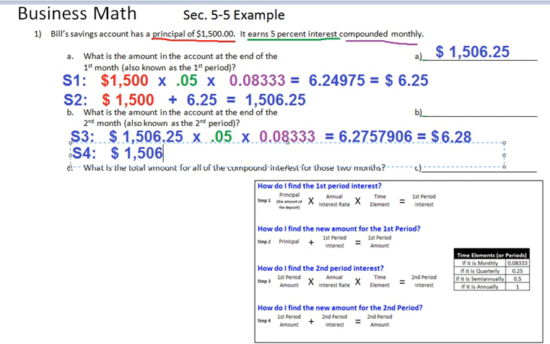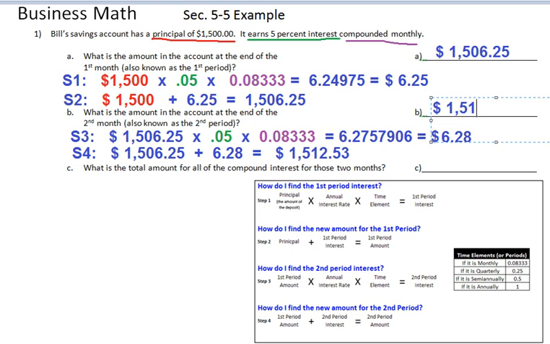So we're going to take that $1506.25 and add it to the $6.28. I'm using my calculator just to confirm and make sure that everything comes out all right. There we go. So we'll write that over here.